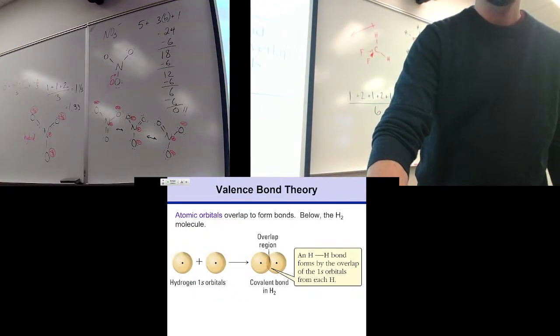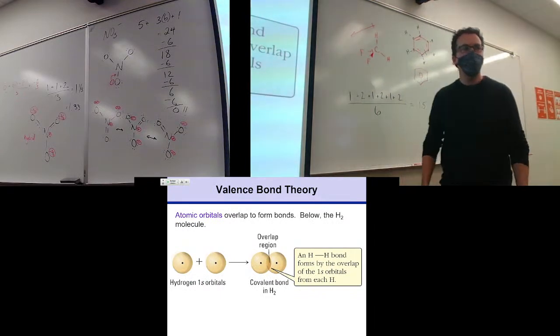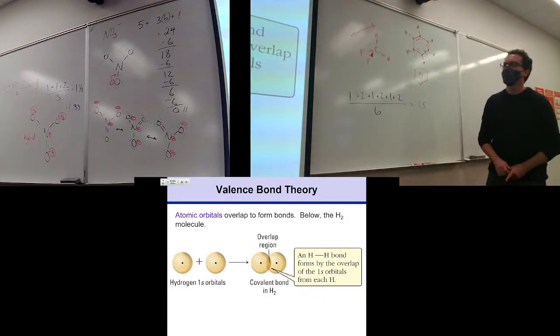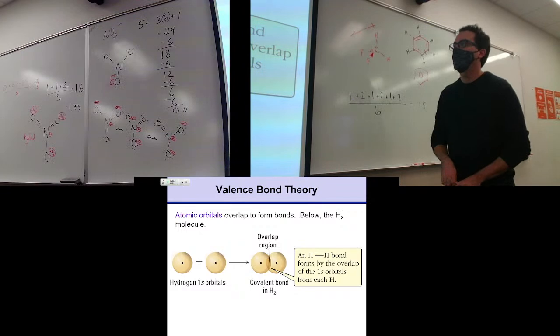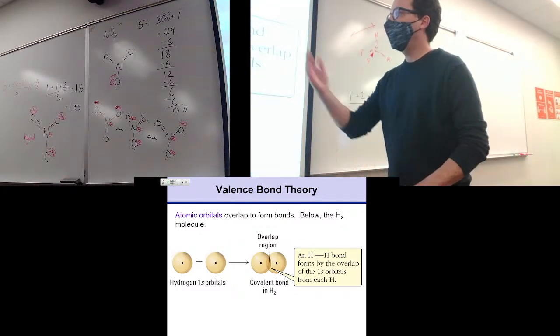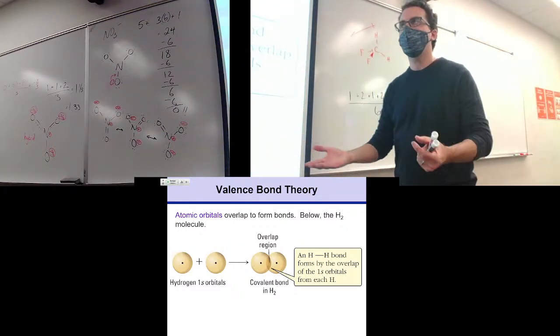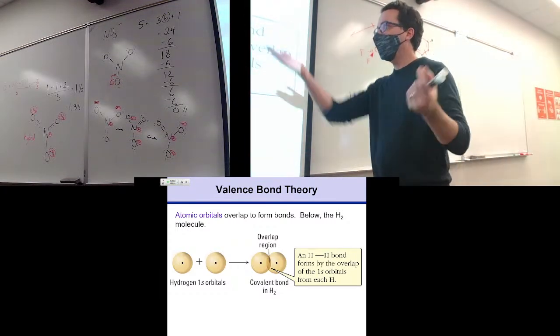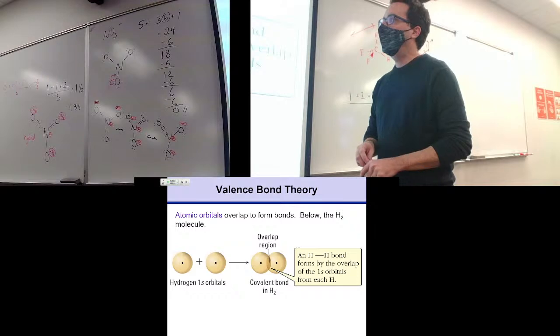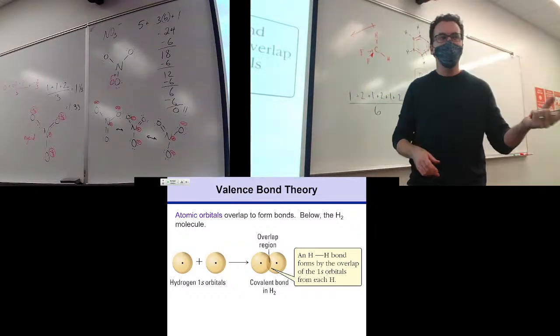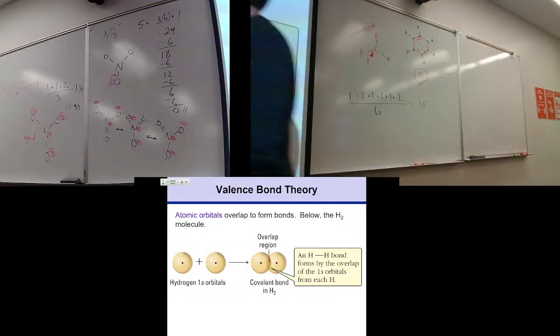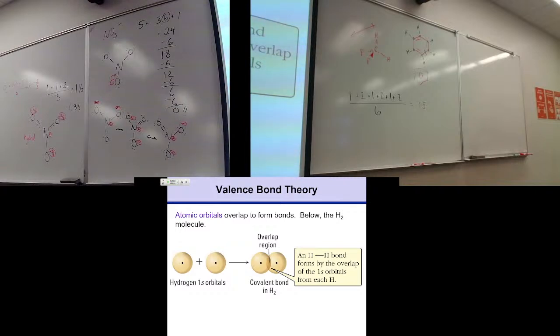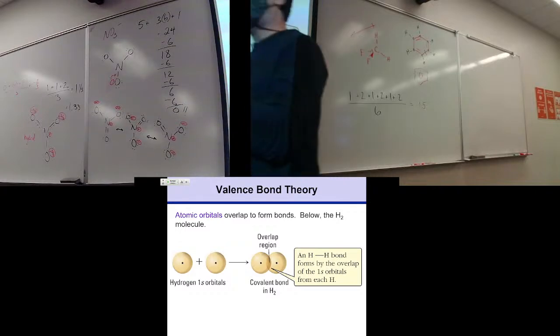Okay? So we'll start from the most basic of basics, hydrogen molecule. So hydrogen molecule H2, each hydrogen has a 1s orbital, that's it. That's all there is at energy level 1. And the hydrogens come with 1 electron each. So there's a single electron in there, there's a single electron in there. And they want to share each other's electrons.